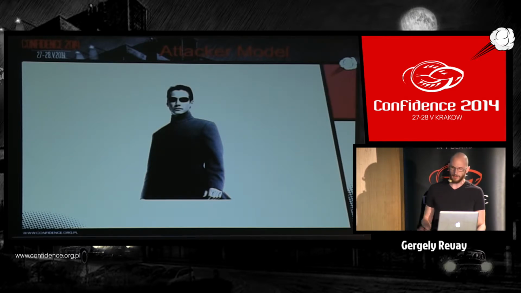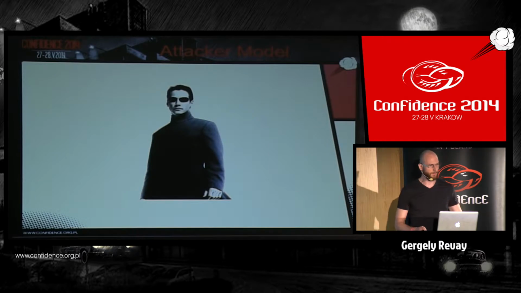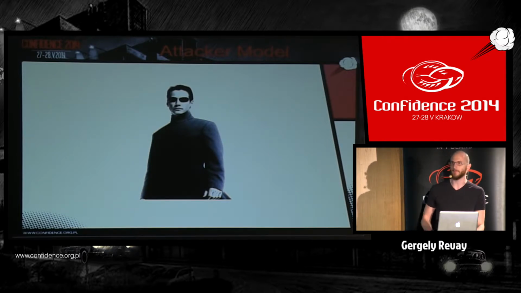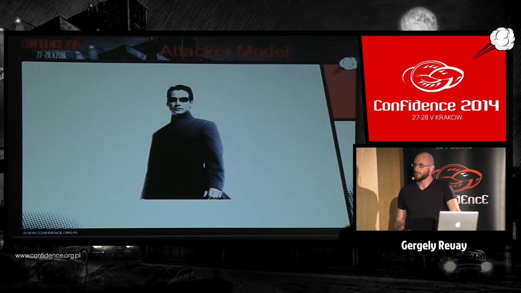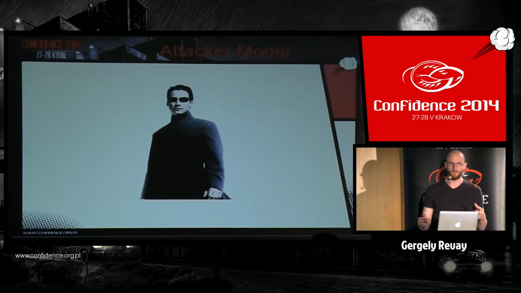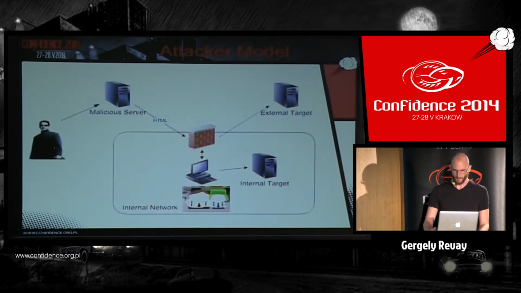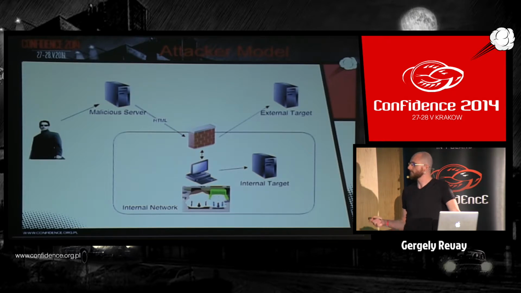Now we go a little bit into the offensive world. First, I'm going to define how to think about the attacker. The whole goal of this attacker model is that if you deal with CORS, so if you have to work with it in your job, then you can think about what kind of risks there are, what kind of attackers you can expect. So this is a really basic diagram of how a web attack scenario could look.